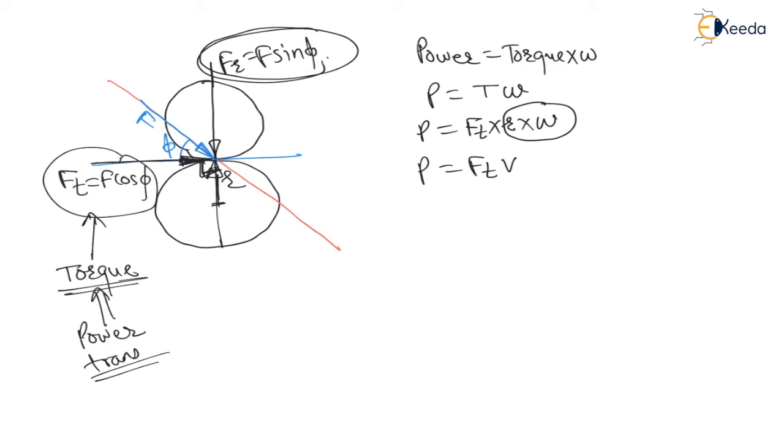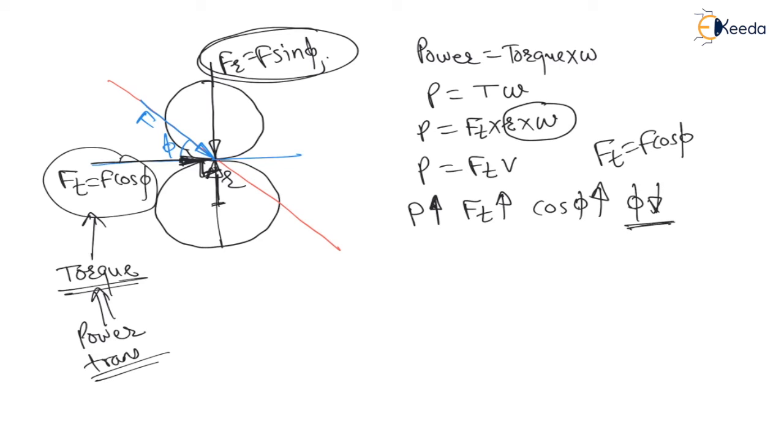Now if I want to increase the power transmitted, then definitely I have to increase the tangential force. Tangential force Ft is equal to F cos phi. Therefore we have to increase cos phi, and to increase cos phi, phi must be as minimum as possible, right?